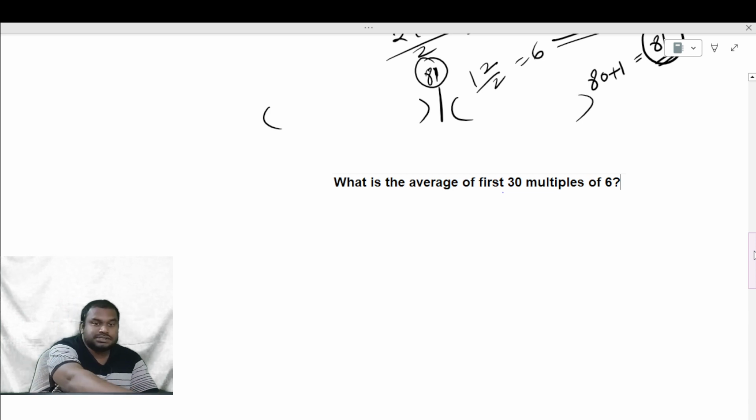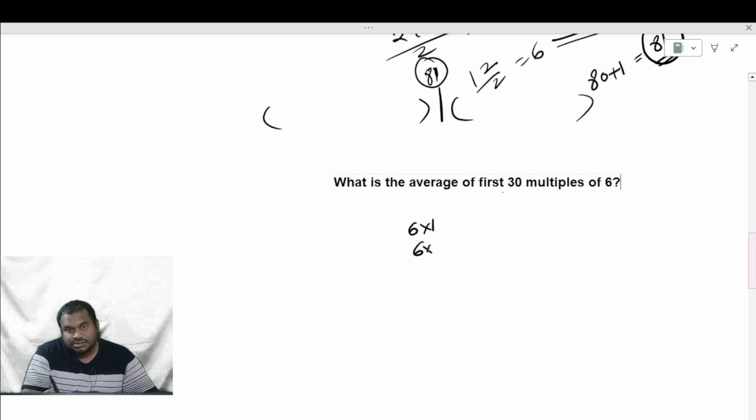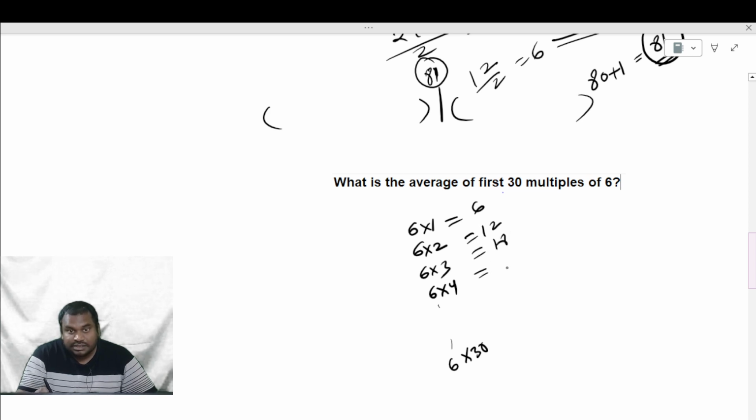What is the first multiple of 6? 6 into 1, 6 into 2 is the second multiple, 6 into 3 the third, 6 into 4, like that. If you write 30 multiples, it ends at 6 into 30. So 6, 12, 18, 24, like that you should go, and 180 is the last number.